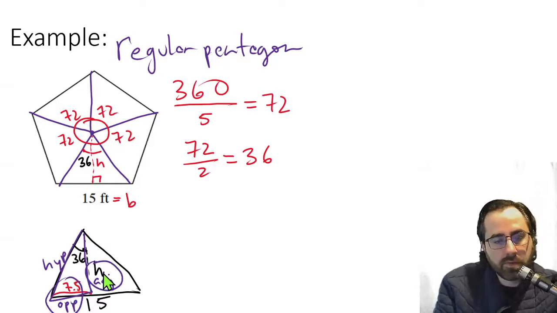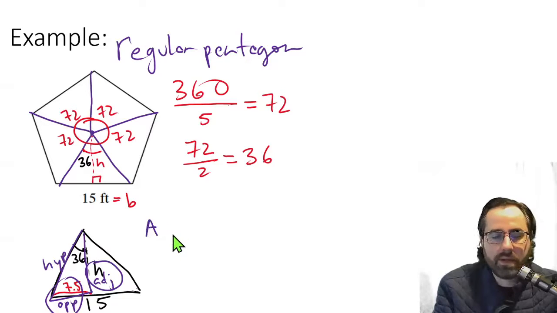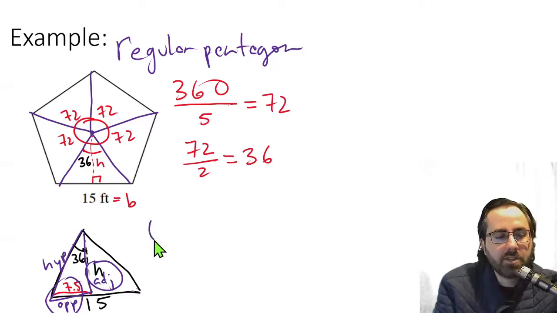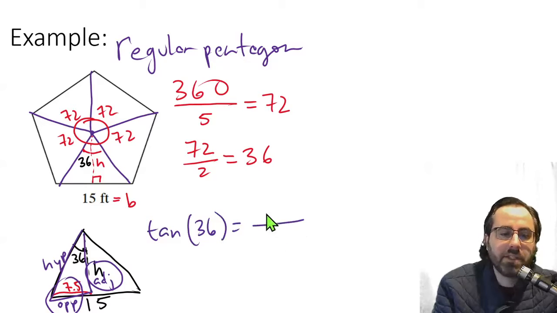So we're doing this work to find the height, and then once you know the height, we can find the area. So we're going to say that the area equals, wait, we're not done with that. Let's step back. We're going to say that the tangent, because the tangent uses opposite and adjacent, of 36 degrees equals the opposite over the adjacent, which is 7.5 is the opposite side over the adjacent is h.